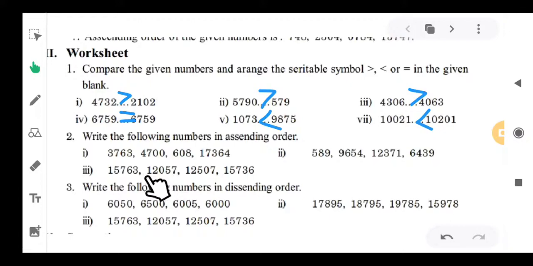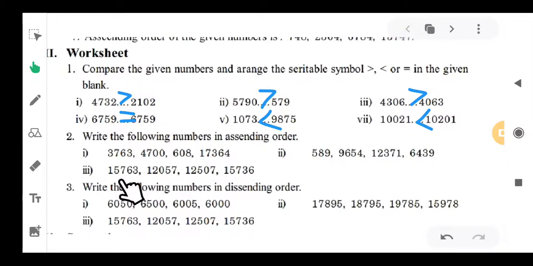So in this, which is smaller one? Check first. So this is 1, this is also 1. So next place 2, 2. So next place this is 0, this is 5. So 0 is the smaller than 5. So this is the smallest number. So this will become in the first place smaller one. In ascending order this will come in first place. In second place this will come.